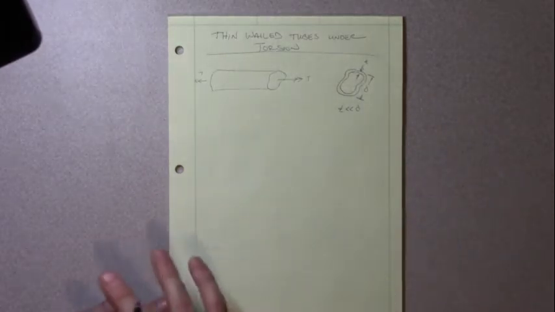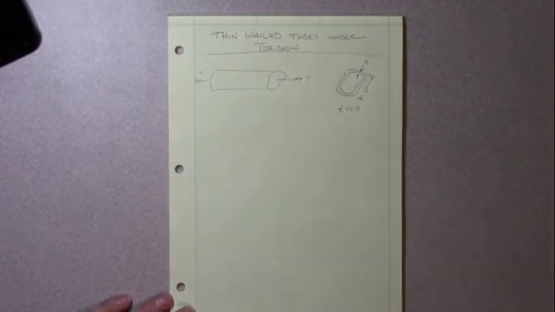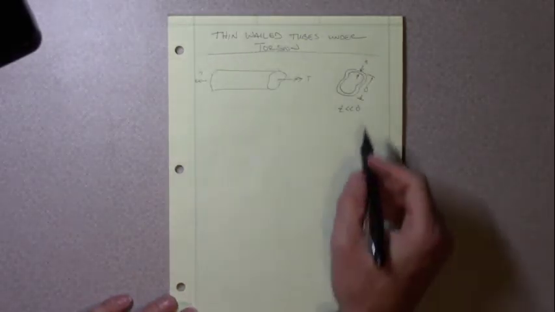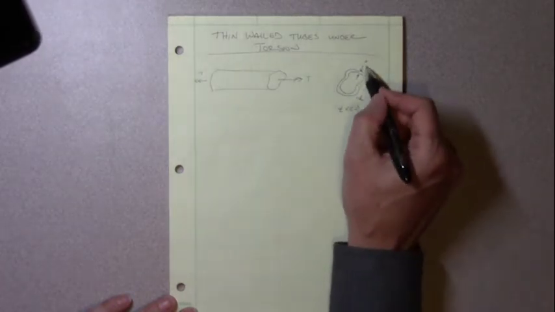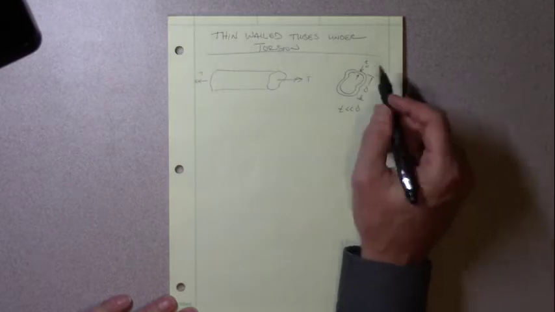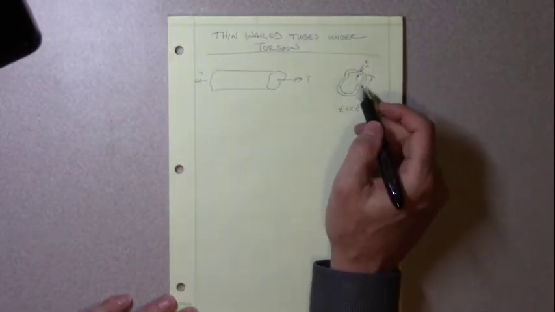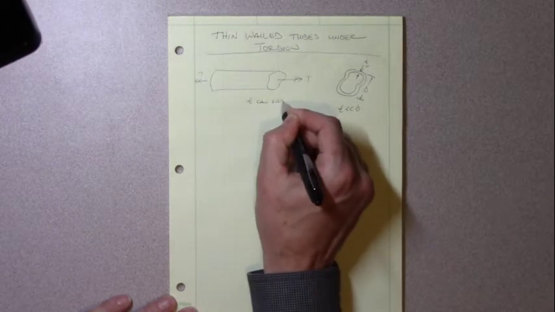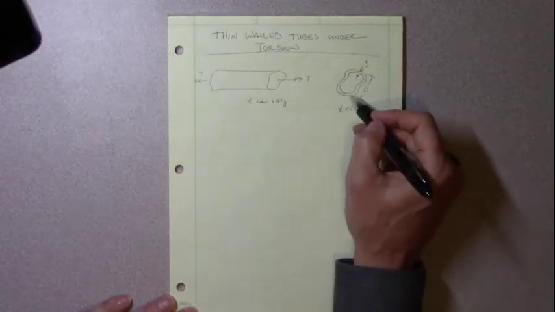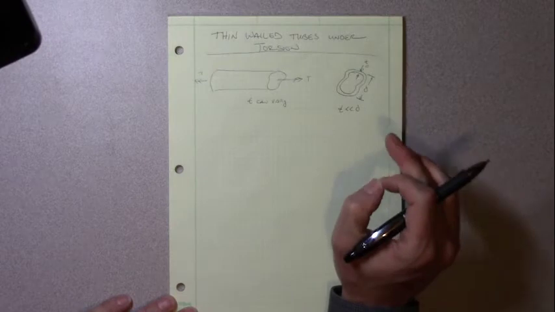Now, we're going to get into discussing how we analyze this type of problem. We indicate that there's a thickness t here, but across this cross section, t can vary. So the thickness around the cross section may not necessarily remain constant.